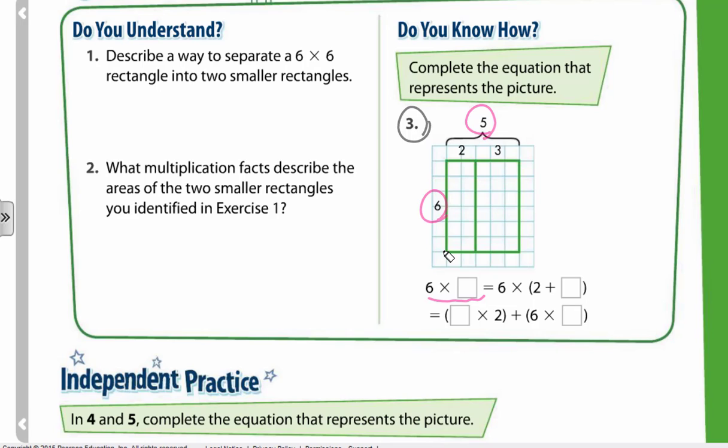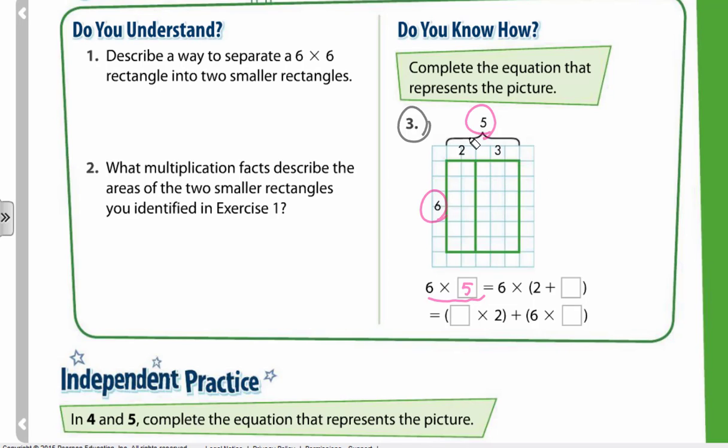Okay, Abdurrahman Saad first. What's the area of the big rectangle? The area of the big rectangle. 6 times 5. Thank you. And Ali Ismail.